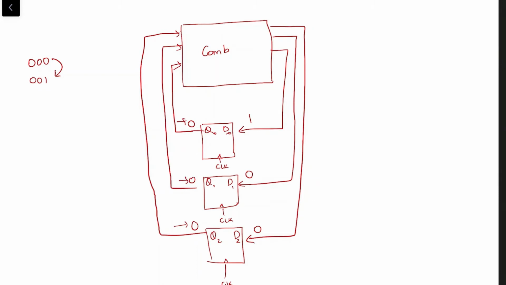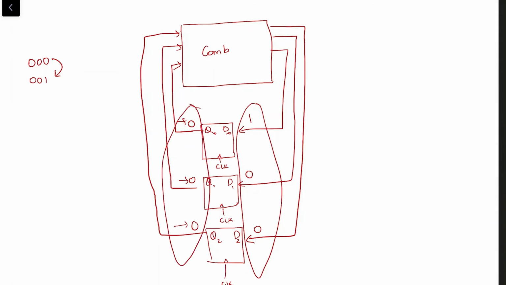That is, whatever comes here is the next state, and it is the state of the counter, that is, the outputs of the D flip-flops that are supposed to cycle through the gray code sequence. So this is the goal of the counter design.